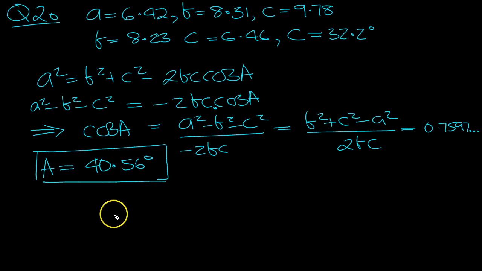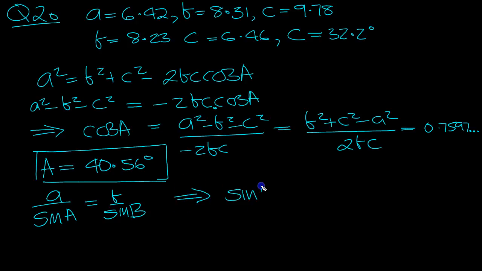So there's a 40.56. Now we can use the sine rule, can't we, a over sine a, for example, equals b over sine b. We know a and b, and we know sine a now. So sine b will equal, move that up there, leave the b as is, move the a down underneath, and move the sine a up to be with the lowercase b.